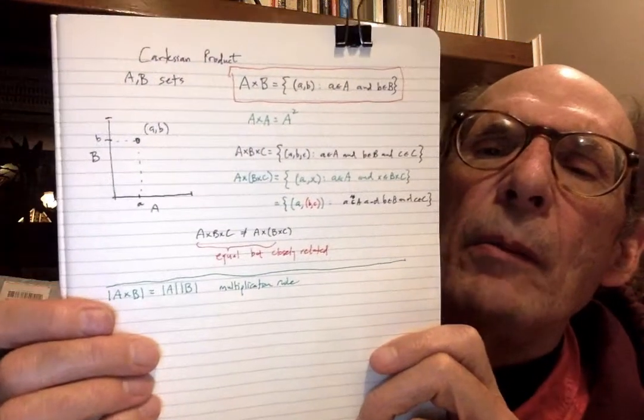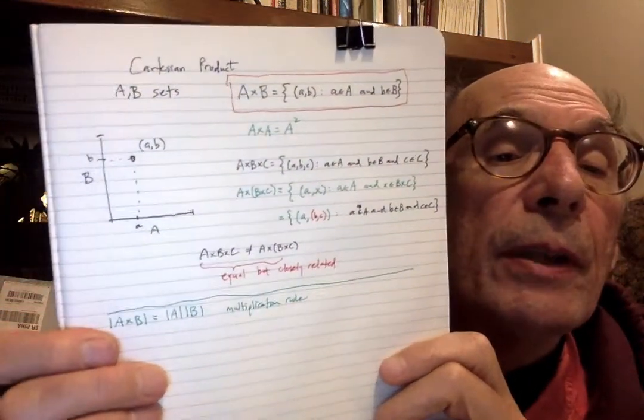You choose something from A, so the number of choices is the number of things in A, and then completely independently you choose something from B, so the number of choices there is the number of things in B. So this is just the size of A times the size of B, the multiplication rule that we did way back when. And that works out to be pretty nice.